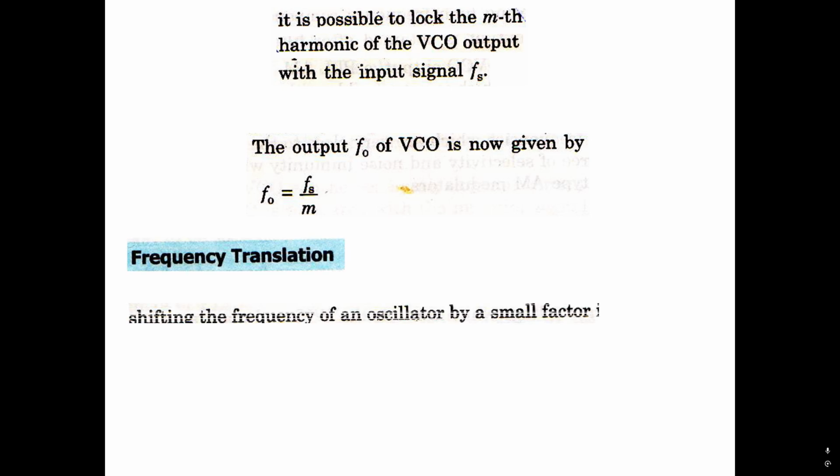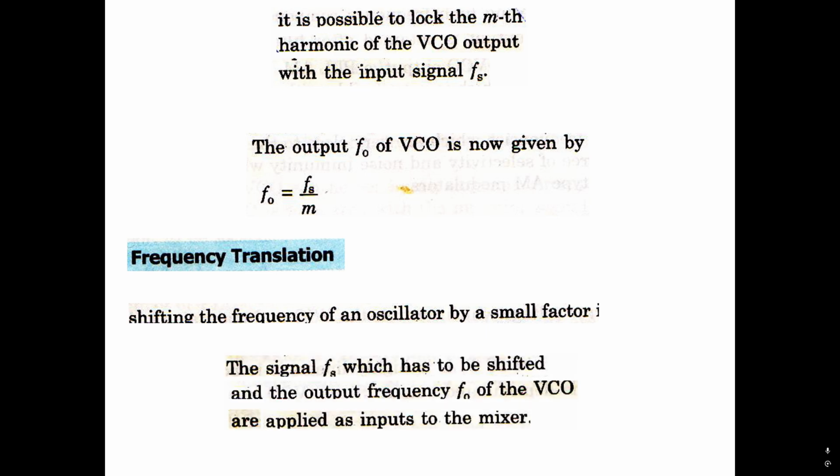Next, frequency translation, which is nothing but shifting the frequency of an oscillator by a small amount. The signal Fs, which has to be shifted, and the output frequency F0 of the VCO are applied as inputs to the mixer.